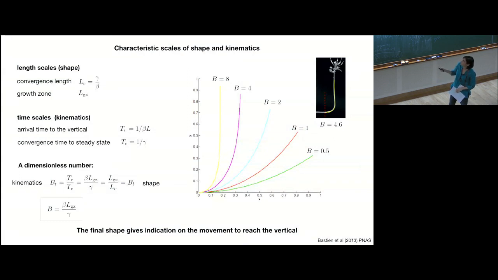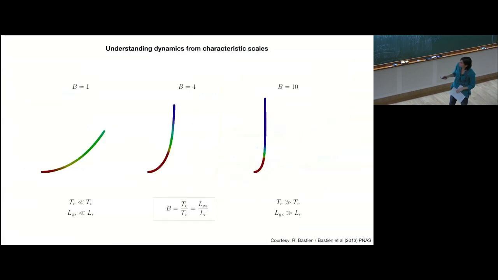For example, the Arabidopsis we looked at before had a B of 4.6, so somewhere over here, okay? And here I have a nice video that shows the dynamics, and we can try to understand the meaning. So this is the low B, medium B, and high B. Well, you also have a bit of an overshoot and small oscillations that go away.